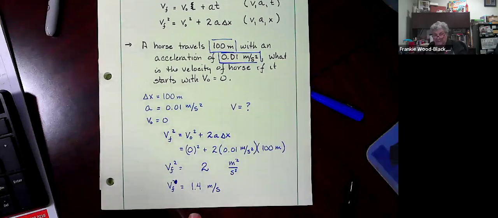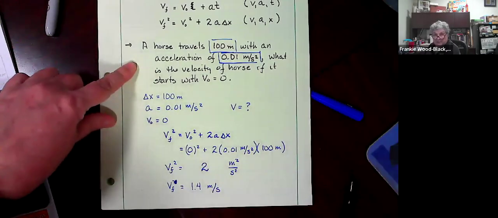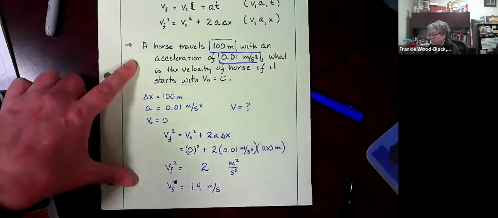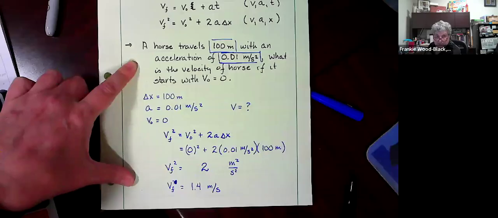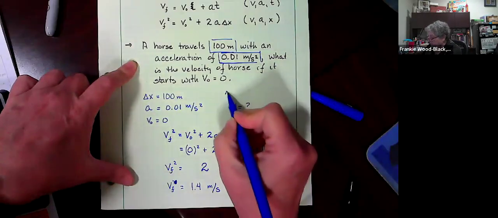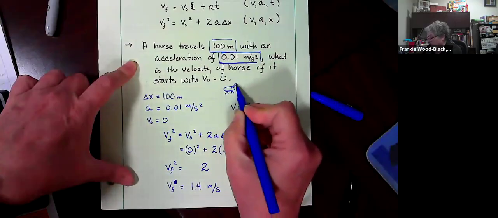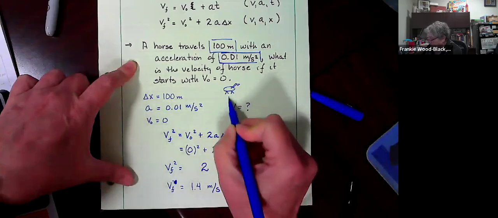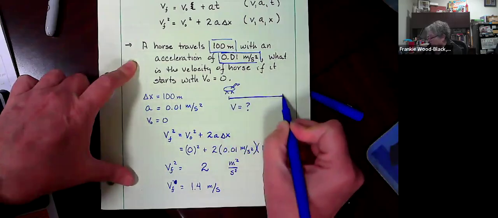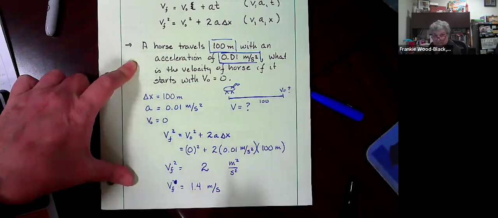So I can look at my problem to be able to determine which equation I want to use. Now, this was a simple problem, so we didn't necessarily draw it, but usually you want to draw your picture here. So there's my horse, and we're going to travel 100 meters, and we want to know the final velocity at the end.